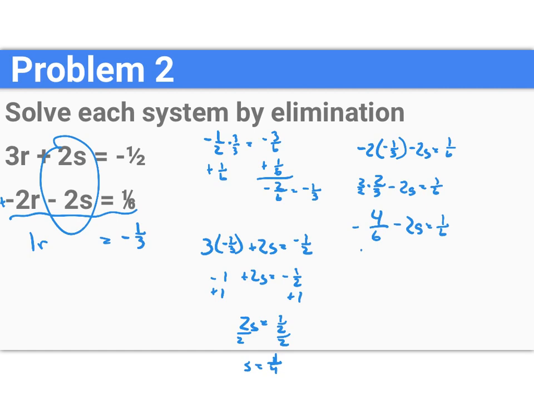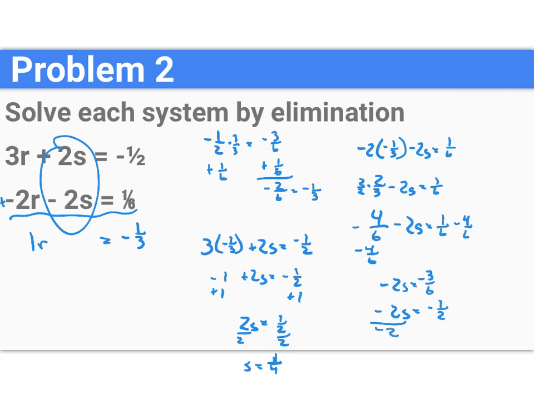Subtract 4/6 from both sides. Negative 2s equals 1/6 minus 4/6, negative 3/6. Negative 2s equals negative 1/2.